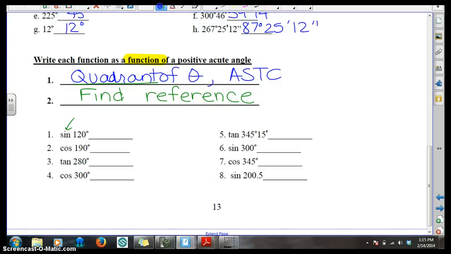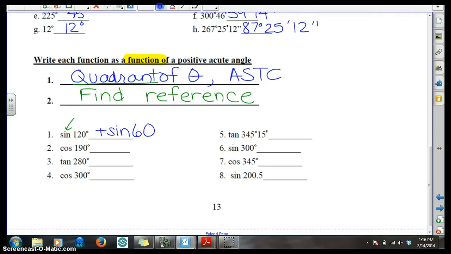For example, in number 1, 120 is a second quadrant angle. In the second quadrant, the sine is guaranteed to be a positive number. So I'll write the positive sine, and now I'll find the reference for 120. In the second quadrant, I use the supplement of 120, and that means I should use 60.